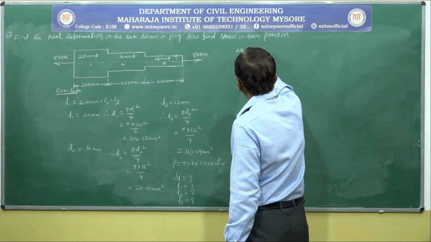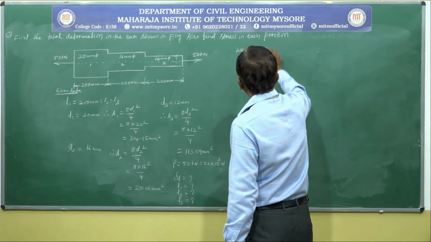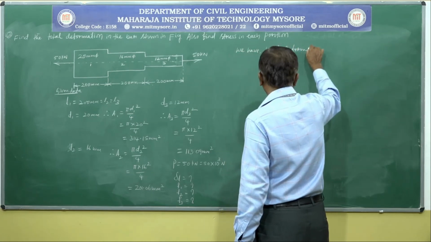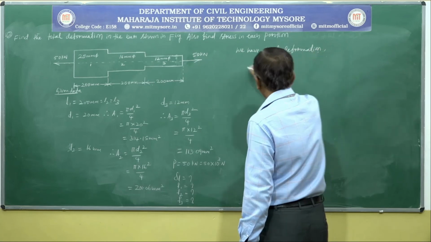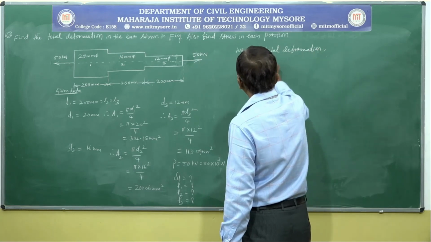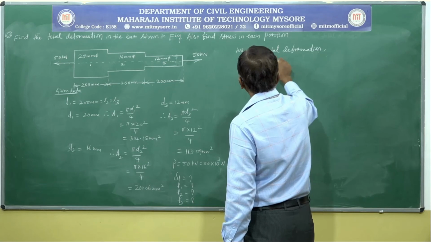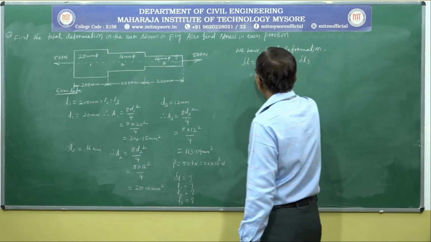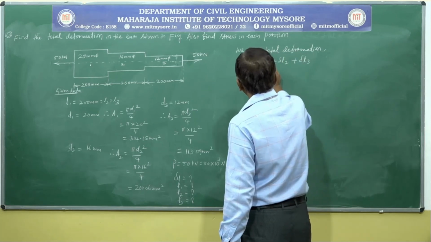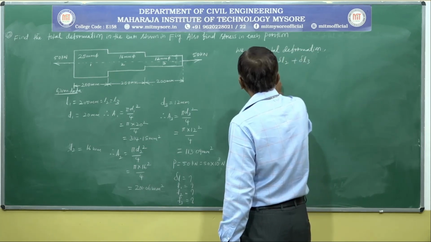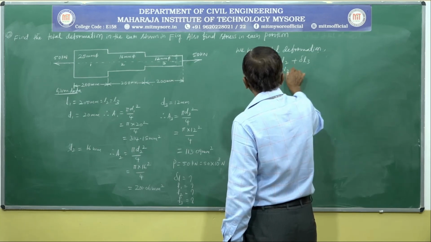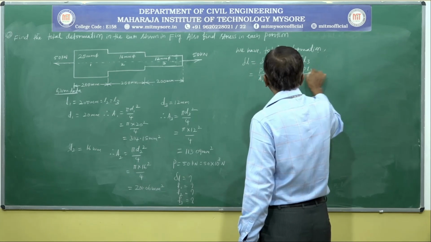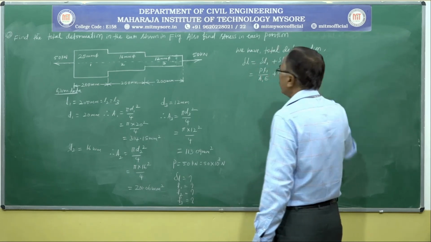We have total deformation, delta L is equal to delta L1 plus delta L2 plus delta L3, that is equal to PL1 by A1E plus PL2 by A2E plus PL3 divided by A3E.